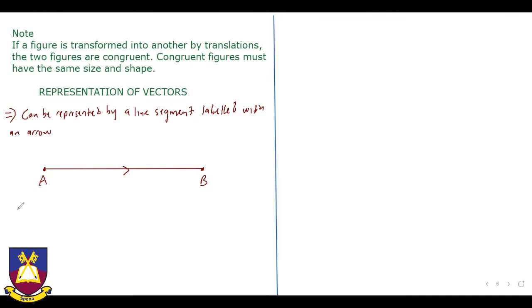And this one can be written as AB. We could even underline, or we could put an arrow, and the arrow will be showing the direction of the vector.